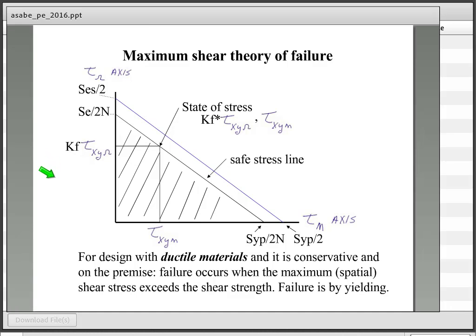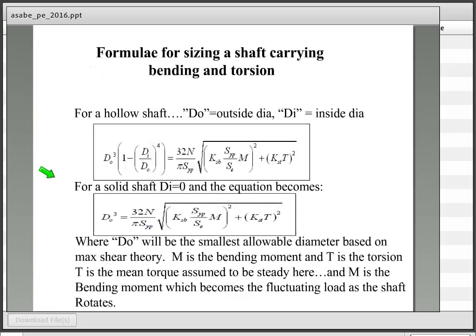So for ductile materials, I'm not going to go into much more detail here. I just wanted to show you that there is a little equation that can be applied for sizing a shaft.